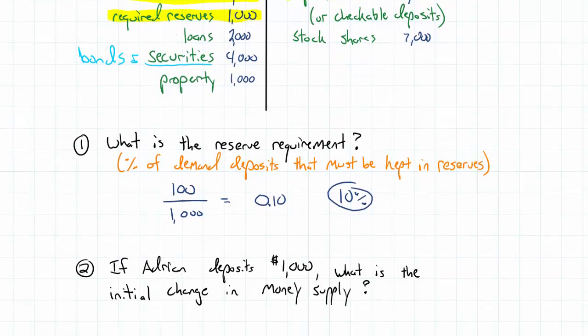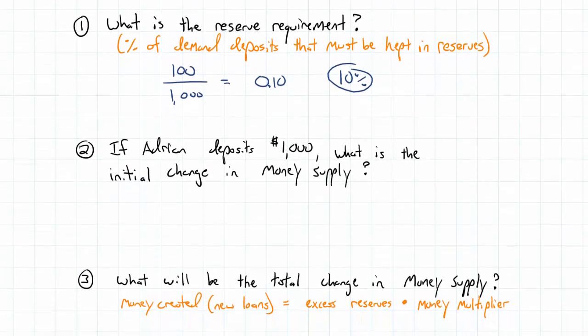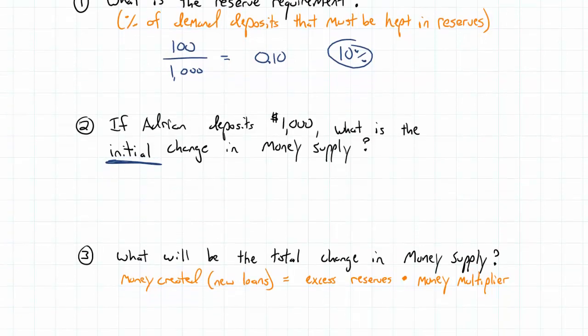And so given that reserve ratio, if Adrian deposits $1,000, what is going to be the initial change in money supply? The word here that matters the most is initial. And I just want to go back to our composition of M1. Cash or currency is going to be M1.